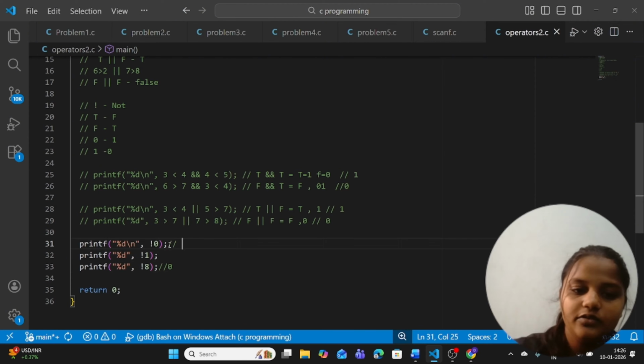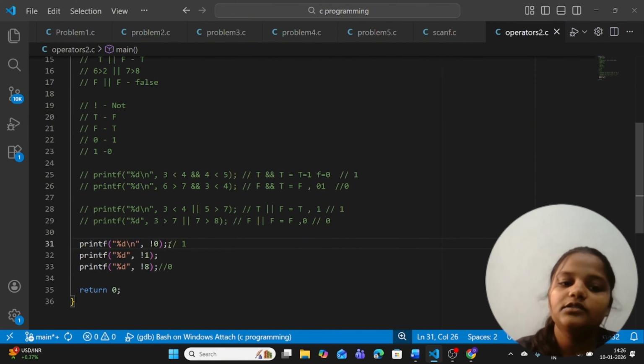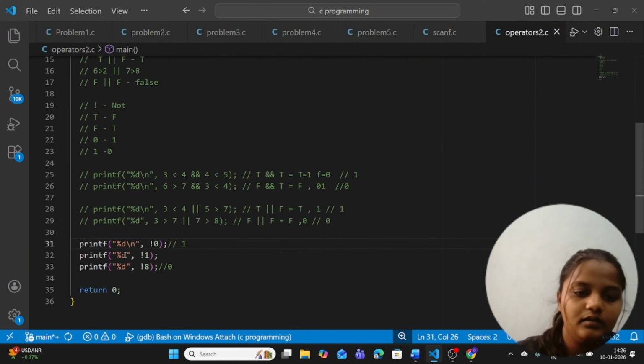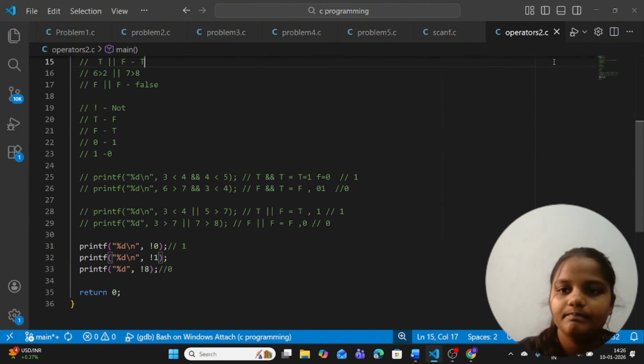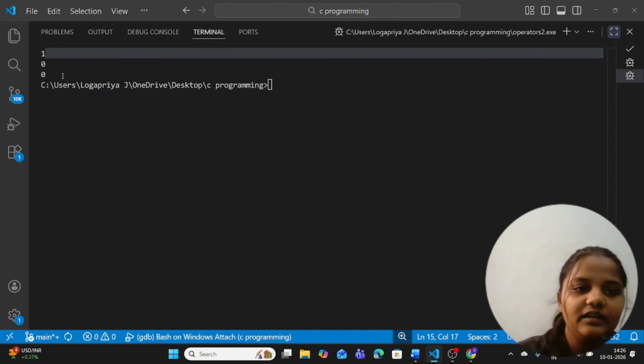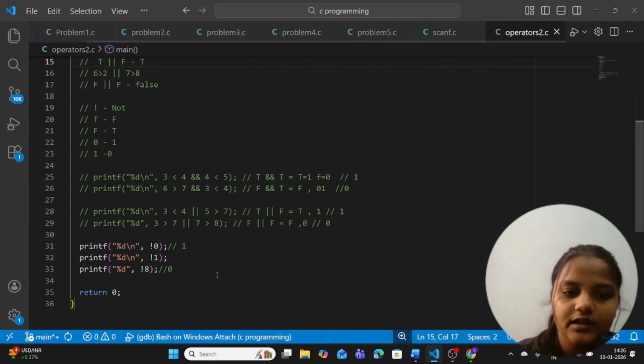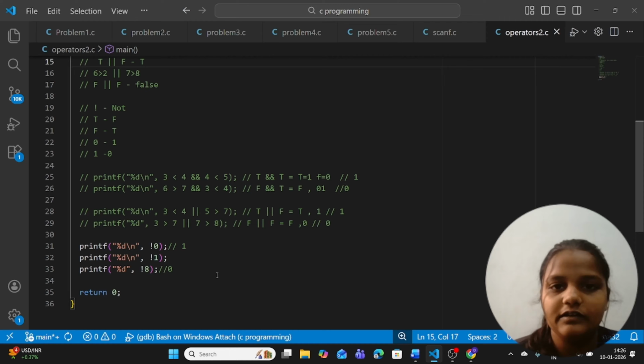Only NOT 0 will give the 1. For the rest, any number you give NOT, it will give 0 only. Okay, so let me run it. Okay, see 0 0. Any number apart from 0, if you give NOT, it will always change to 0. Only 0 gives the value 1.